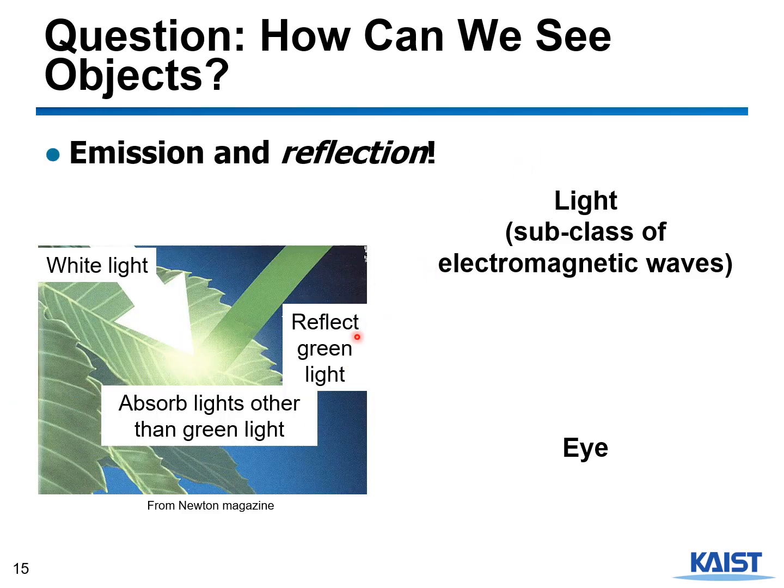Now let's talk about light and material interactions. The sun emits a lot of energy with different wavelengths, all mixed together with different frequencies. That's why it looks like white light.